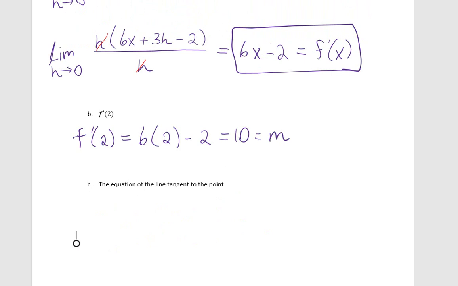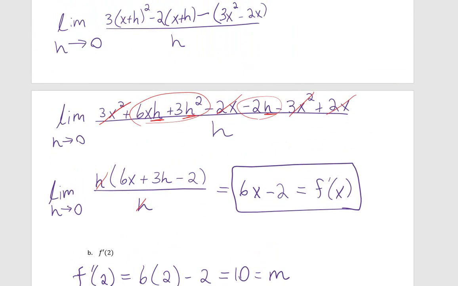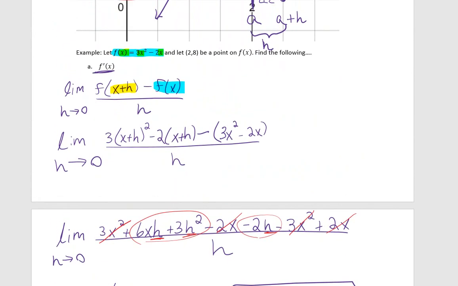Alright, so the next thing we want to do is find the equation of a tangent line to the point. In order to find the equation of the tangent line, we need 3 things. We need to know what m is, we need to know what x is, and we need to know what y is. So let's look up and see if we have some hints to this.